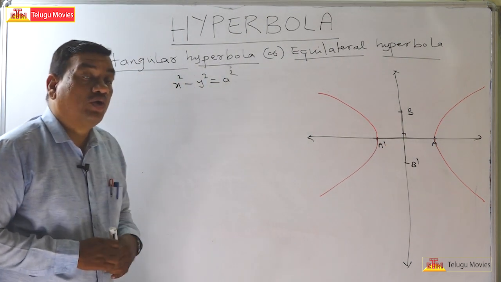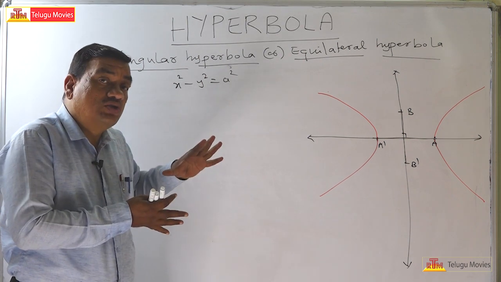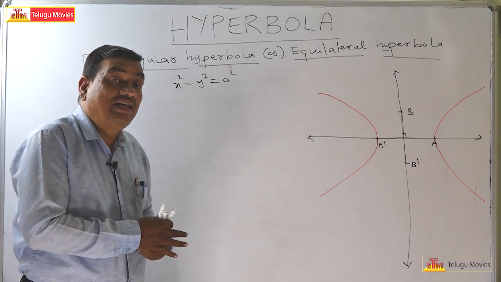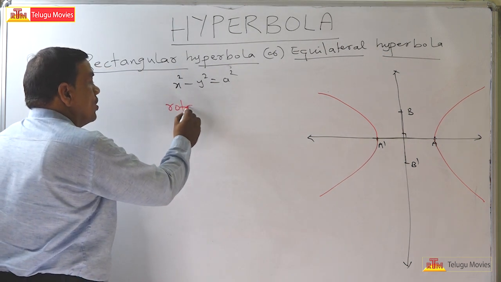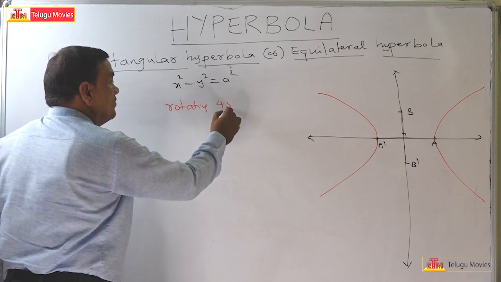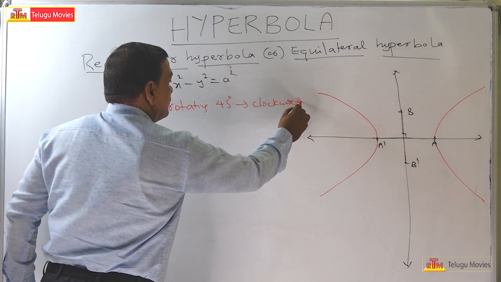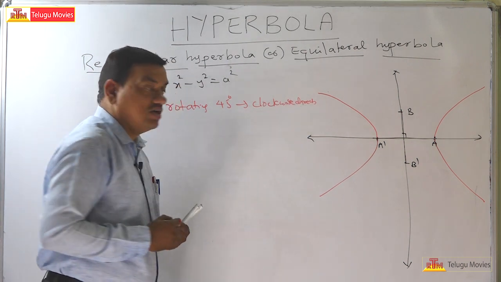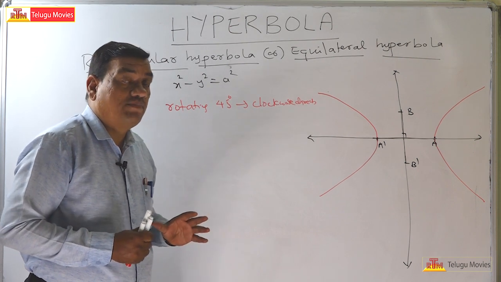Now what we are going to do is rotate this transverse axis and conjugate axis by 45 degrees, in the clockwise direction. Remember, without changing the origin, without changing the center of the hyperbola.